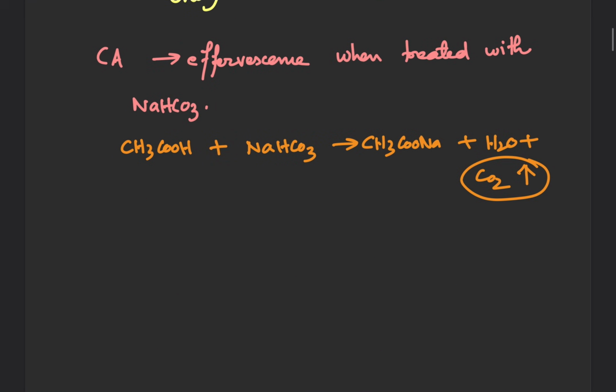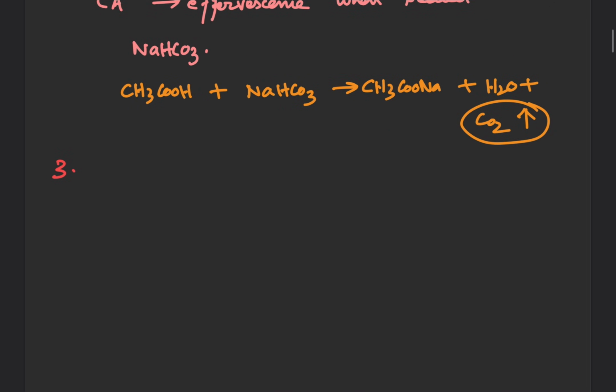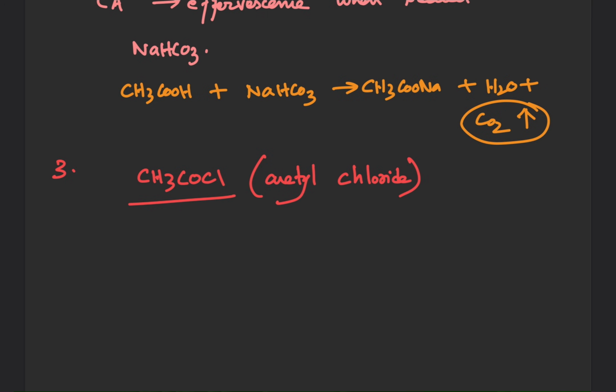Coming to the third option. Third option says compound P can be prepared by treating benzene with anhydrous AlCl3 and CH3COCl. Okay, so benzene, when treated with anhydrous AlCl3 and CH3COCl, which is also known as acetyl chloride, we get acetophenone.